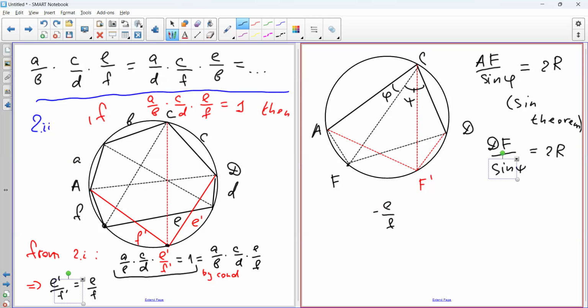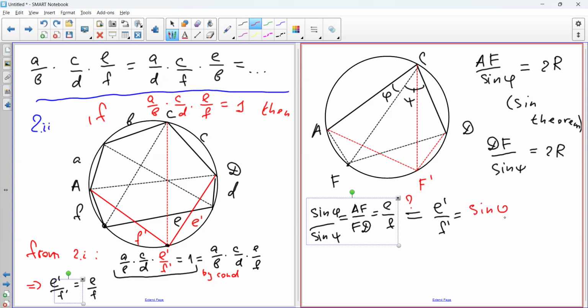which actually results in noticing that E to F equals AF to FD, which equals sine phi over sine C, which is equal, under question mark, to E prime over F prime, which would be similarly equal to sine phi prime over sine C prime, which technically brings us to the exact same situation which we had in that auxiliary fact.